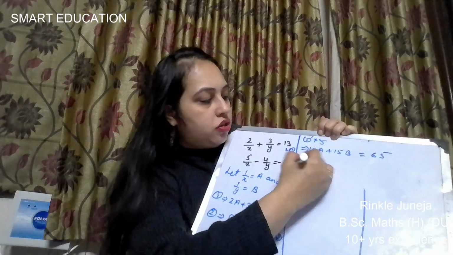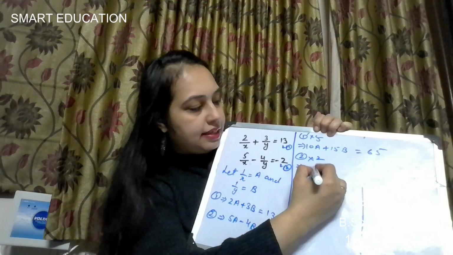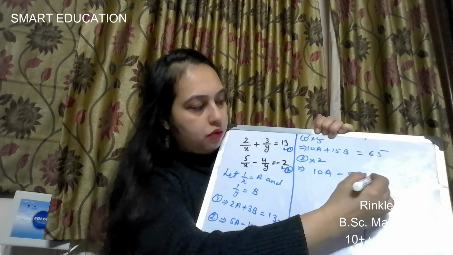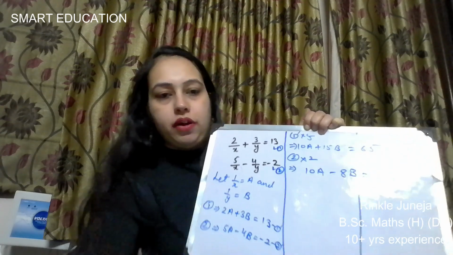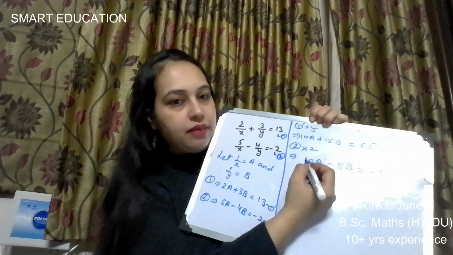And if we multiply equation 2 with 2, we get 2 into 5, which is 10a minus 8b equals to minus 4. Now we have 10a and 10a, but they have the same sign, both are positive.